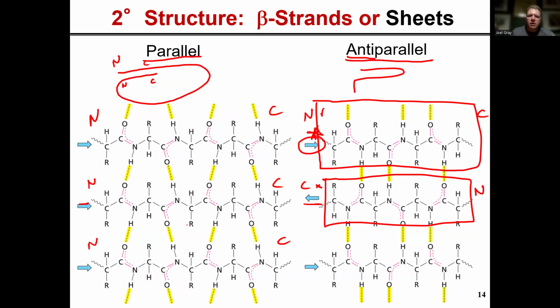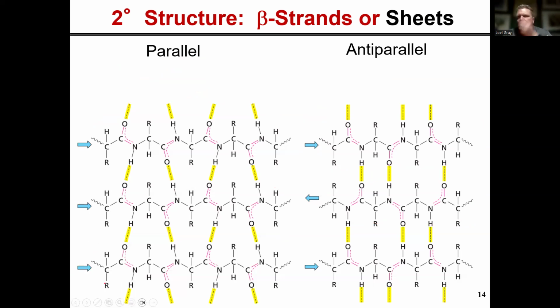So the difference between the parallel and anti-parallel beta strands is pretty easy to detect, but it's almost like it's hidden in plain sight. If we look at these yellow boxes with the dashed black lines, what do you recognize that makes the anti-parallel different from the parallel?